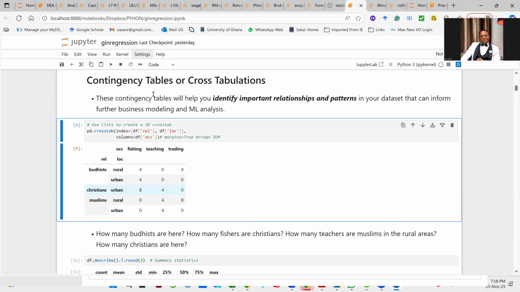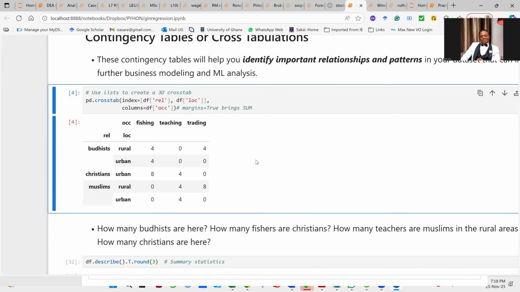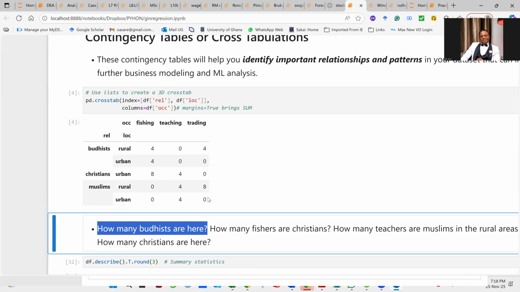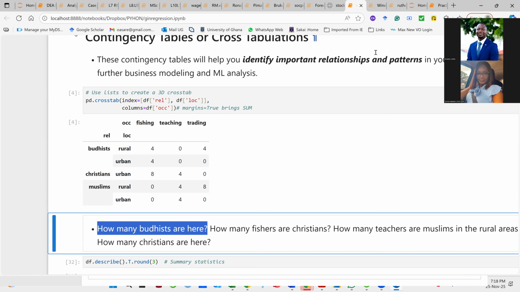Now you can see the results here. Question number 1: how many Buddhists are here? Looking at this contingency table, how many Buddhists are here? 8?